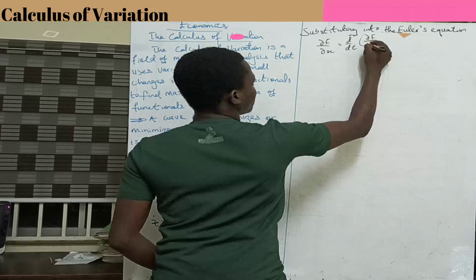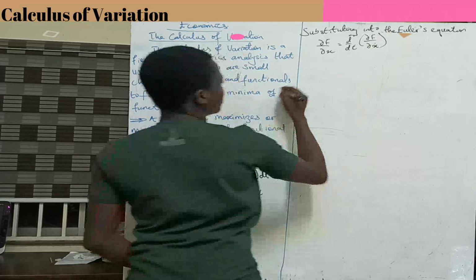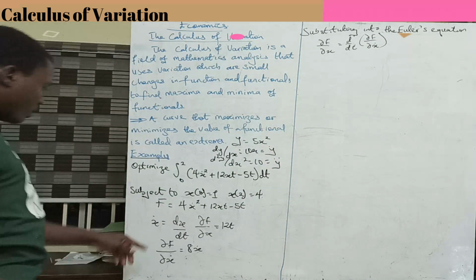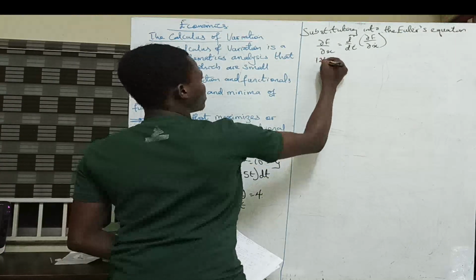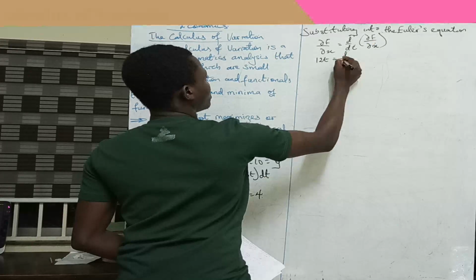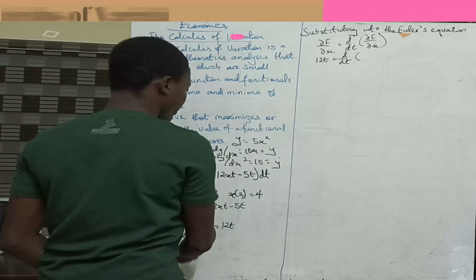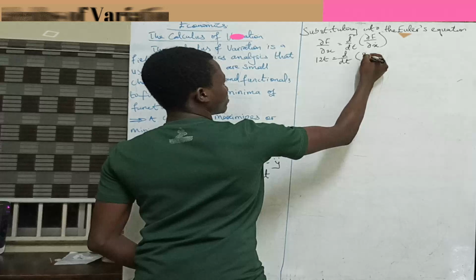So the partial of f with respect to x is 12t. So 12t equals d/dt of 8x dot.